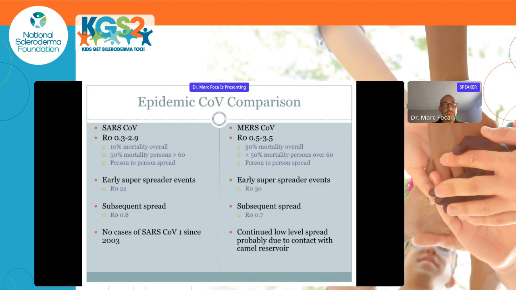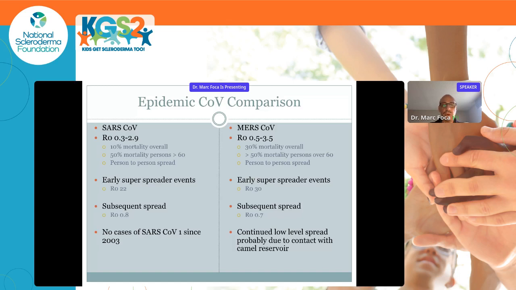And just for reference, measles, which we think is one of the most highly transmissible viruses ever known, has an R0 of about 18 to 20, which means that one individual can infect 18 to 20 other individuals. So these early super spreader events can transmit about as well as measles virus.